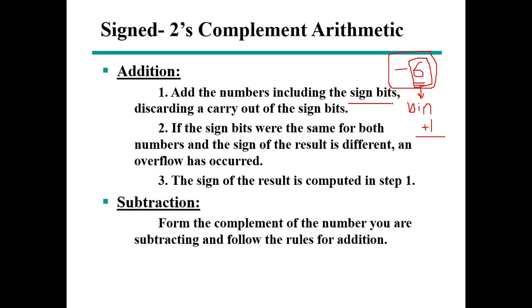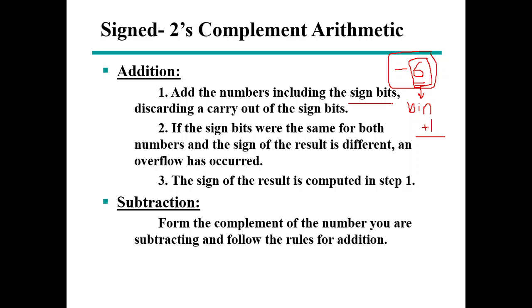In all these notations, the most significant bit represents the sign. And we talked about another convention: if the most significant bit or MSB is 0, then the number is positive; if it is a 1, then the number is negative. So irrespective of what the sign bit is, you have to add two signed numbers along with their sign bits.